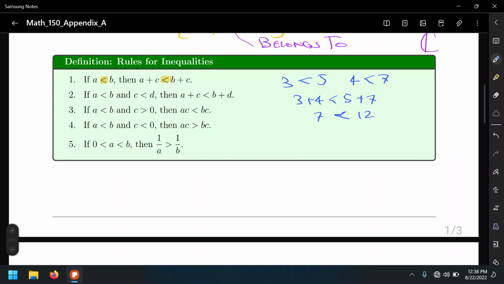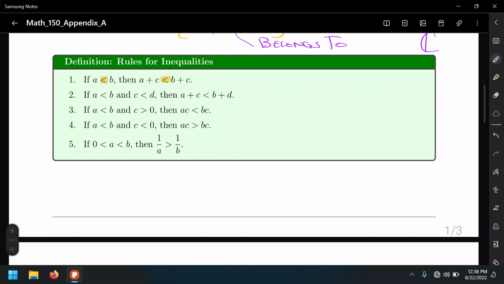All right. We need to be very careful with number 3 and 4. Properties 3 and 4 are about multiplying both sides of the inequality by a number, and in this case we divide it into two cases. The first case, number 3, is when we multiply both sides of the inequality by a constant c, whatever that number is, but notice c is greater than 0.